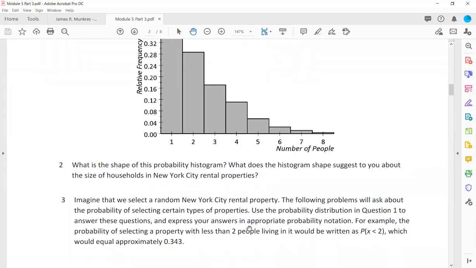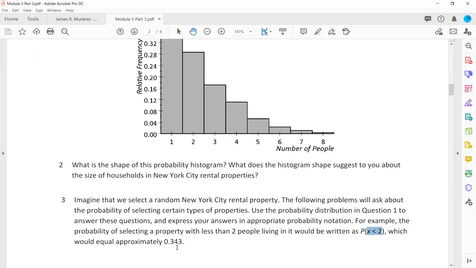For example, the probability of selecting a property with less than 2 people living in it would be written as the probability that x is less than 2. Note that it doesn't include 2. It doesn't have any equality. It is just less than, which would equal approximately the probability that x is 1.